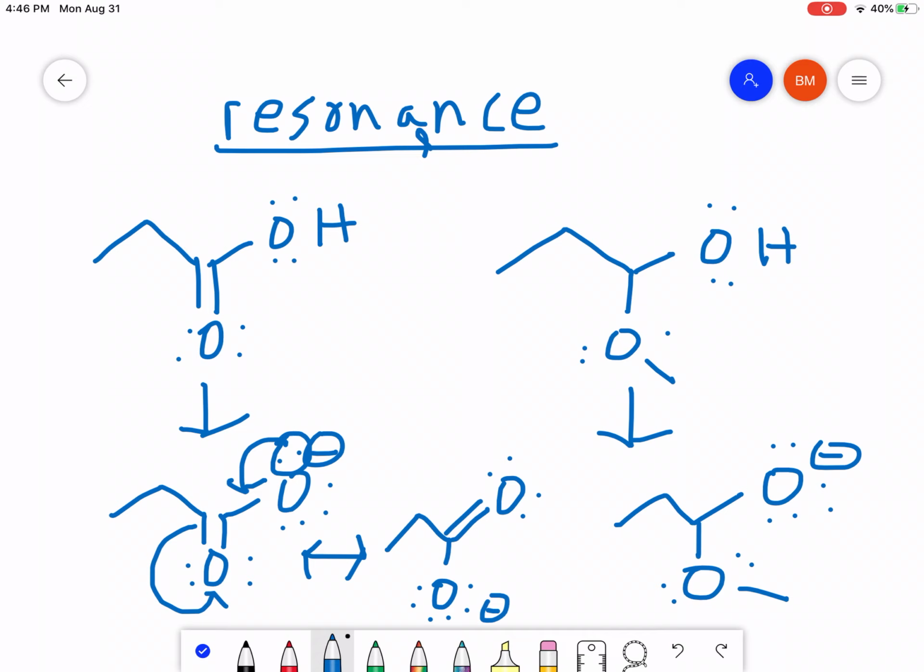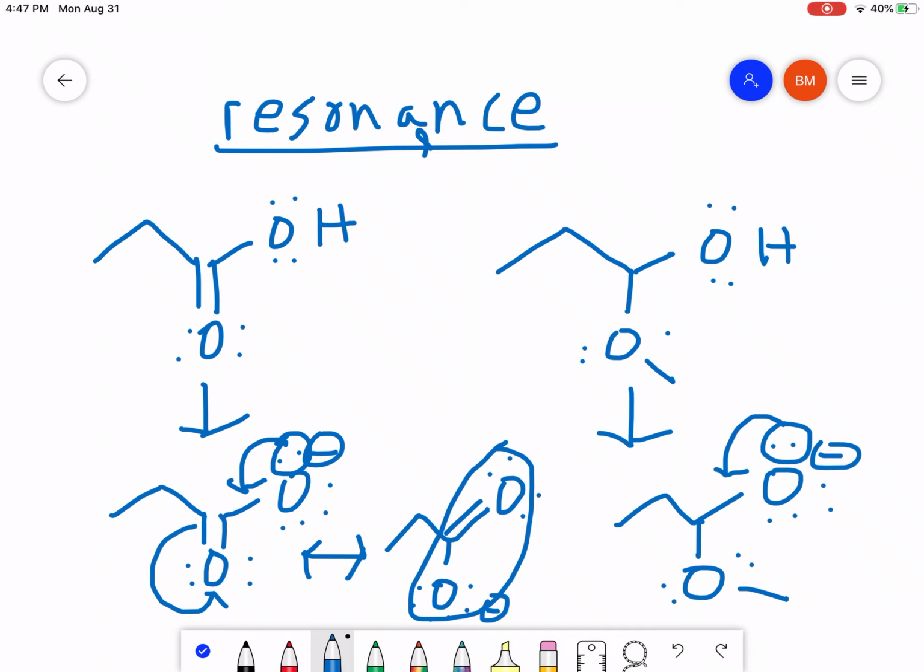That means you have some electron density that's a little bit spread out and floating all the way in between this area of the molecule. If you try to do that with the other one, you're going to run into a roadblock, right? You could try to bring a pair of electrons down like that, but here's where you run into a problem.